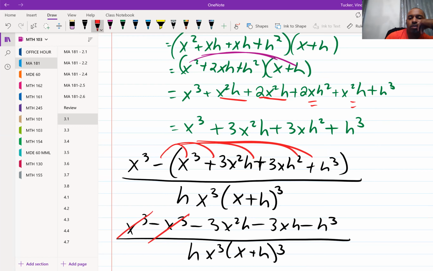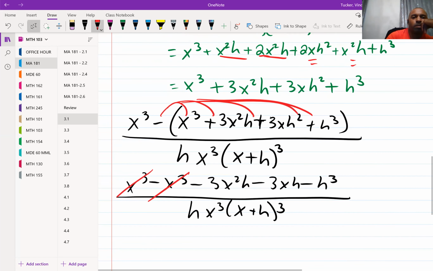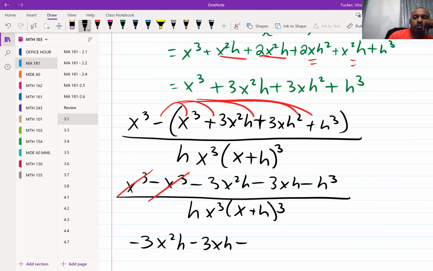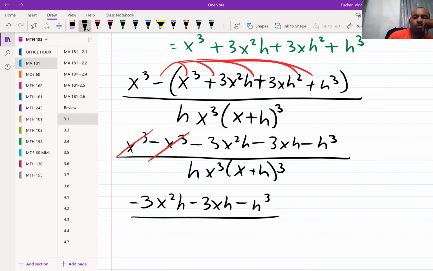The x cubes cancel. All right, so that h can go into each one of them.